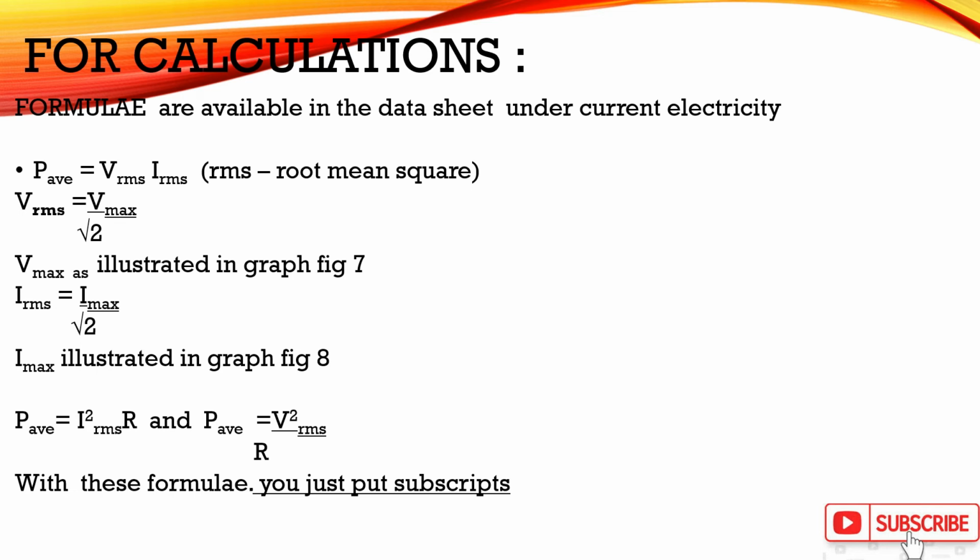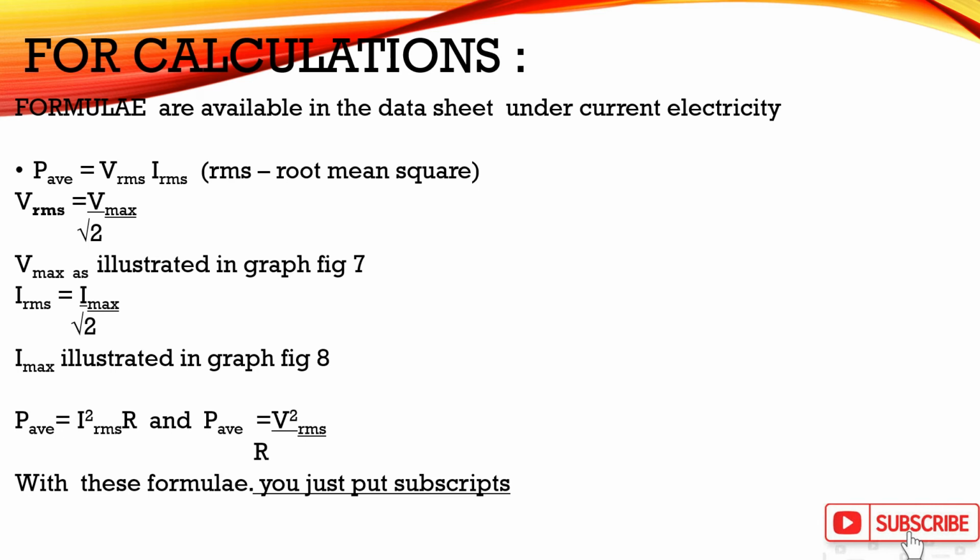Also for calculations, P average is equal to I squared R. Then P average is equal to I rms squared multiplied by resistance. This is the power and current that fluctuates. Maybe you are required to calculate a resistance not given the voltage.